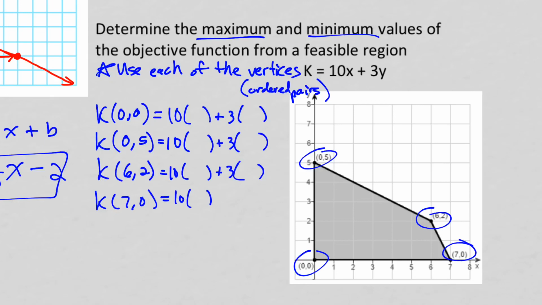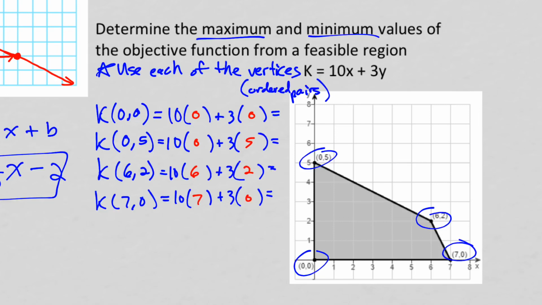So we're going to repeat this process with each ordered pair. So 0, 0, 0, 5, 6, 2, and 7, 0.